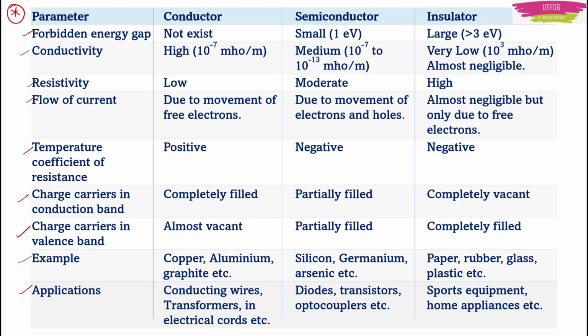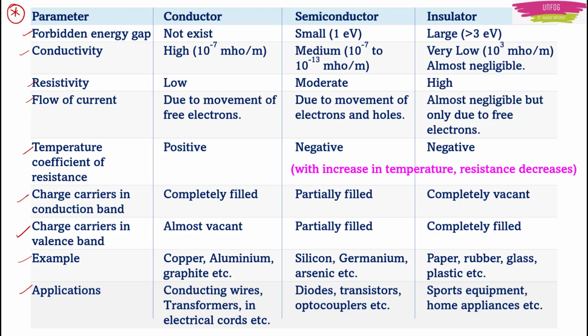See, when I say the temperature coefficient of resistance is negative for insulator and semiconductor, I mean to say that with increase in temperature, resistance is decreasing. As temperature increases, resistivity decreases for semiconductor and insulator. Why is this happening? Because when you increase the temperature, electrons will gain energy, right?